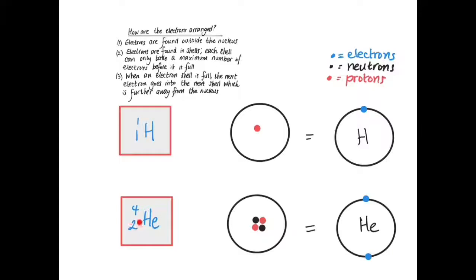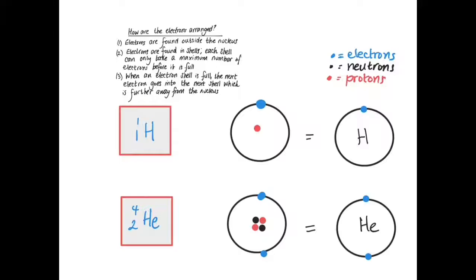Helium has got 2 electrons and 2 protons. So we're going to draw the electron in for hydrogen. So the electron we're going to put is there. And helium has got 2 electrons, so we can draw them in, 1, 2.